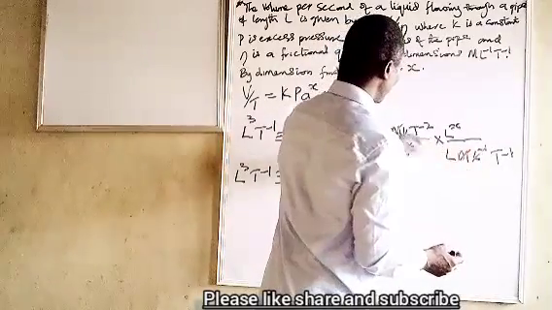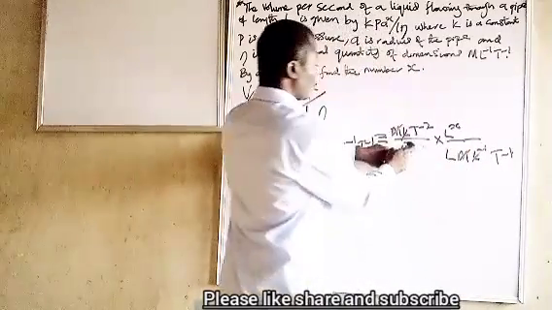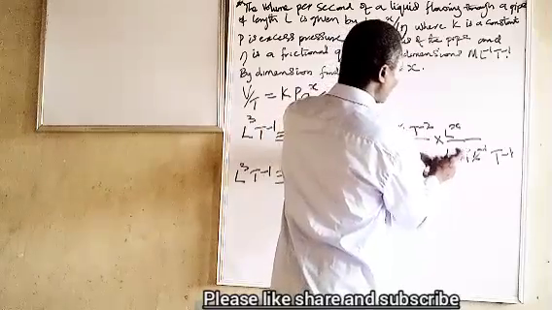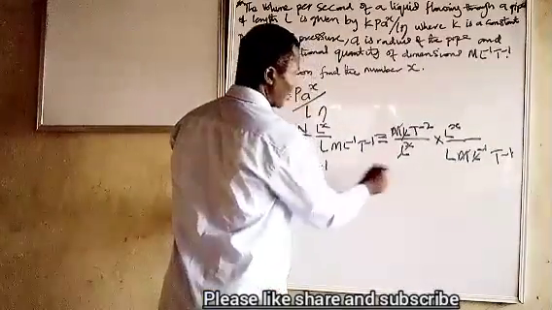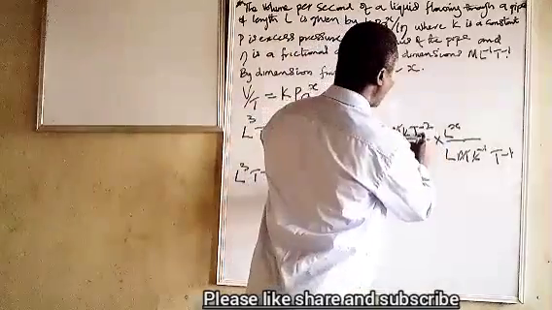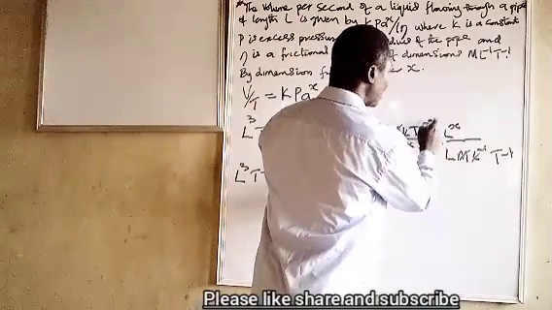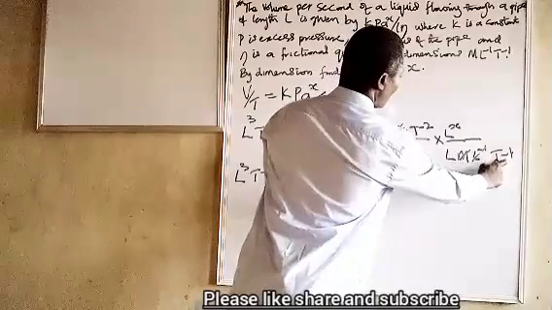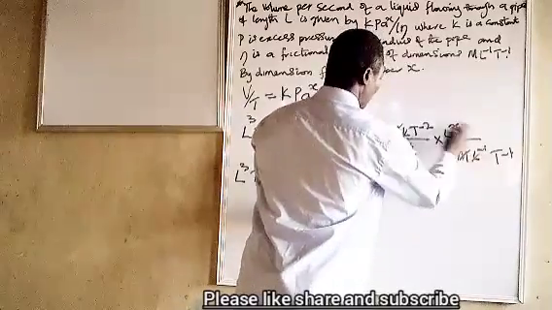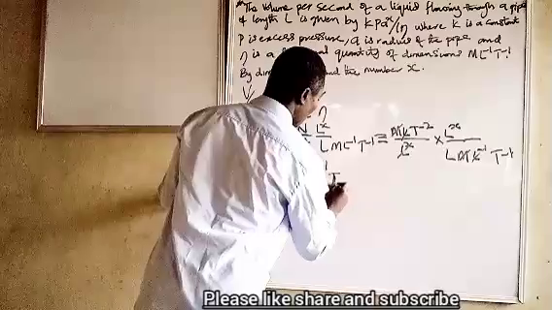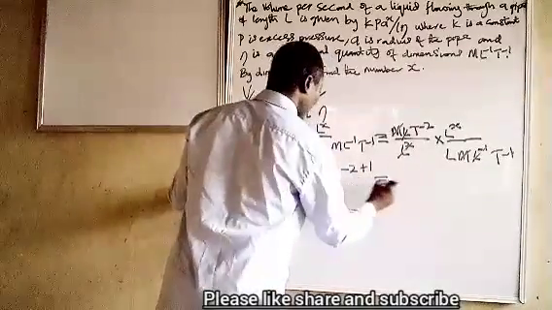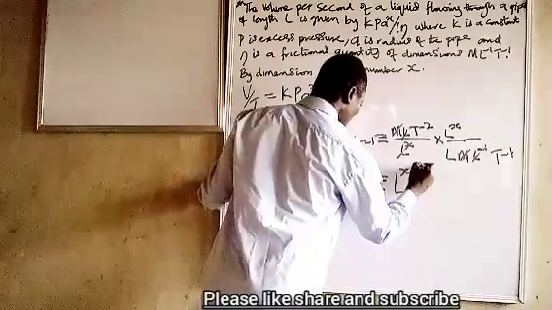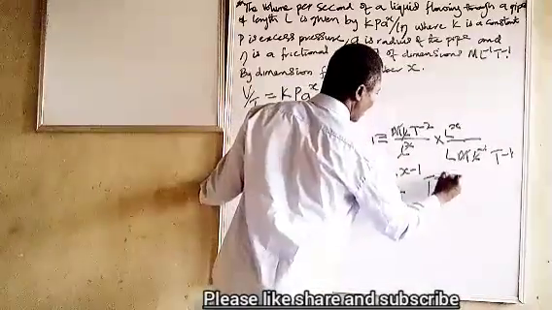This one is L minus 1. It remains this one, L, and this one. So we have L raised to power x minus 1. This one remains. And we have T raised to power minus 2 plus 1, which will give us L raised to power x minus 1 and T raised to power minus 1.